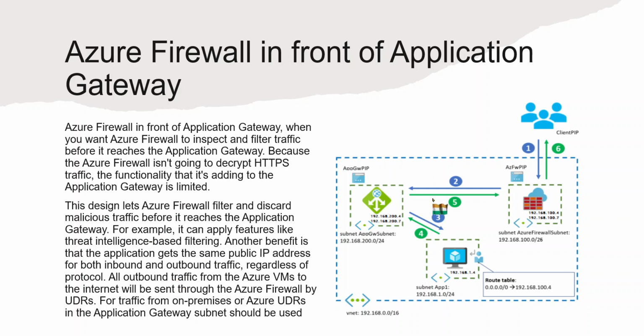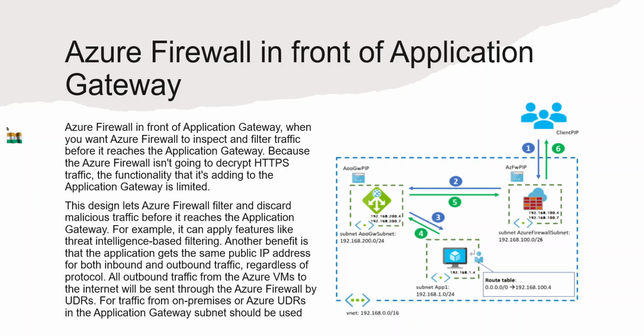So all outbound traffic from Azure virtual machines to the internet will be sent through Azure firewall using user-defined routes. For traffic from on-premise or Azure user-defined routes, the application gateway subnet should be used.